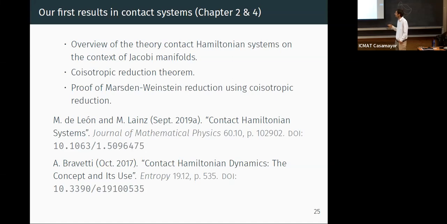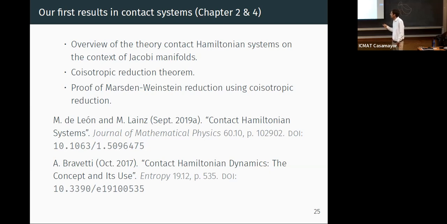Well, Manuel Lainz, basically, because I had no idea what a contact manifold was at that time, noticed that there was an interest in contact systems from the applications perspective, among the papers that we read, a very interesting one, which was this one by Alessandro Bravetti, published in Entropy.